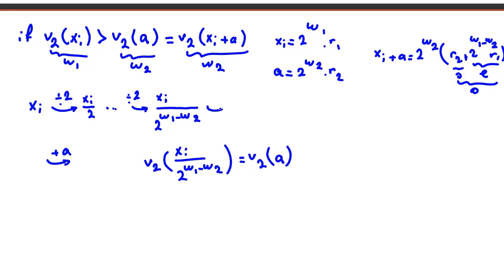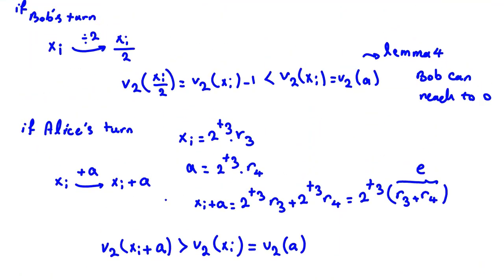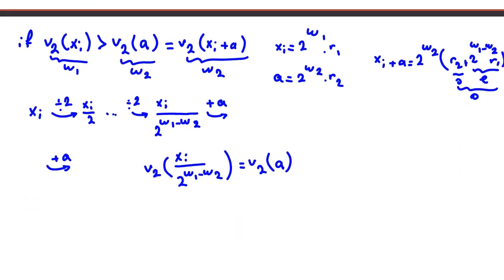In this state, Alice adds a. We've analyzed this here. Then v2 of xi plus a will be greater than v2 of a. Alice adds a to this number, 2 to the w minus 1 plus a. Now v2 of this number again will be greater than v2 of a, similar to v2 of xi.